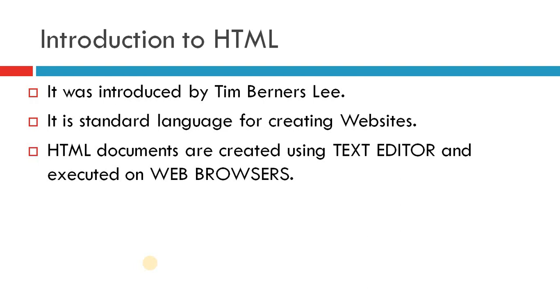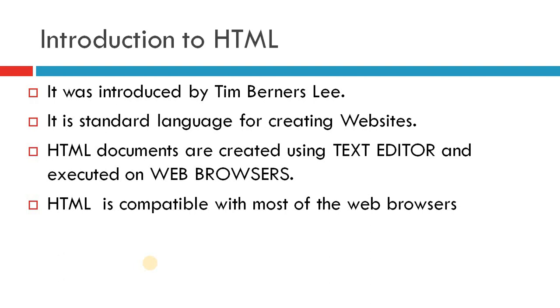And the most common browser is Chrome. If you all have different text editors or you have different browsers, they also can be used. HTML is compatible with most of the browsers. So whenever we are writing the HTML code, it can be executed on any browsers.